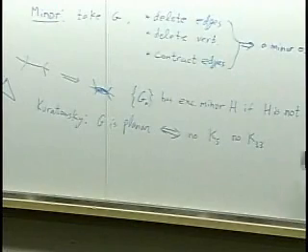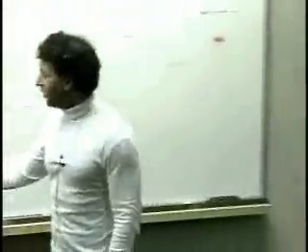So K5 is the complete graph on 5 vertices, K3,3 is the complete bipartite graph.